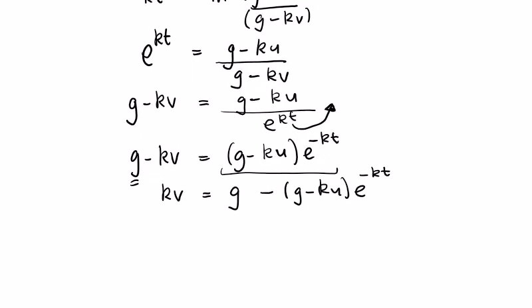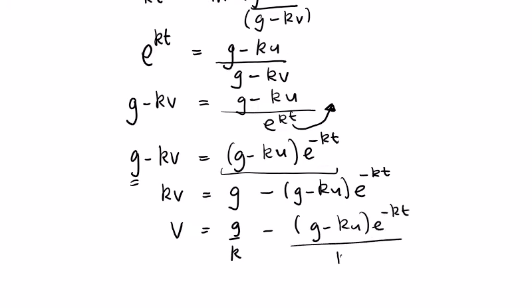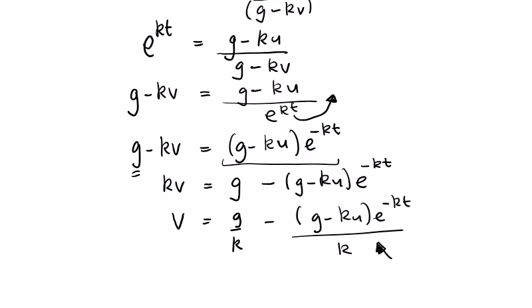Now I want to divide by k to get v on its own. So v is equal to g over k minus g minus ku by e to the power of minus kt over k. And if we separate this guy into two parts, you'll see that the k's will end up cancelling.